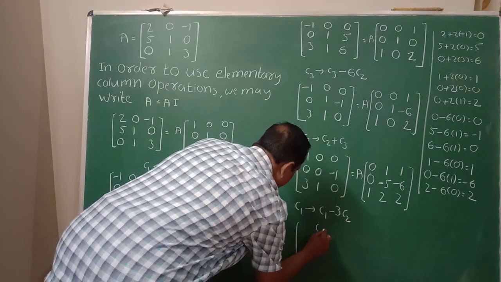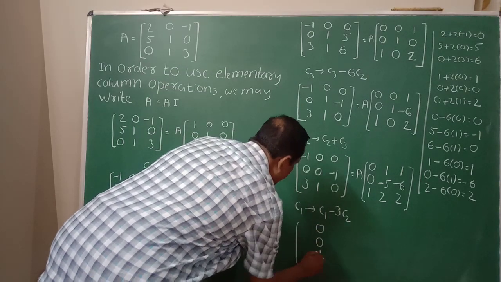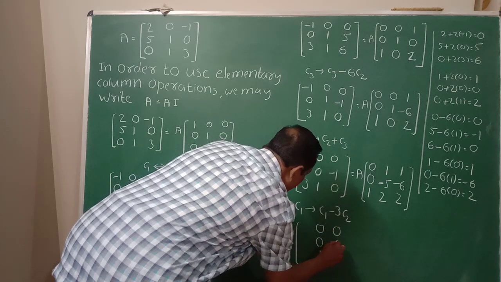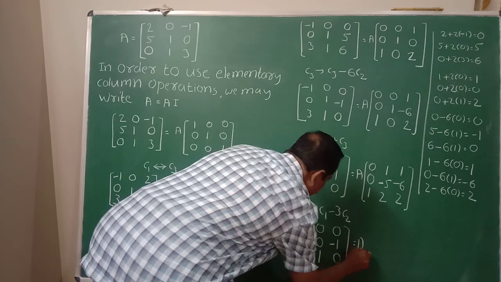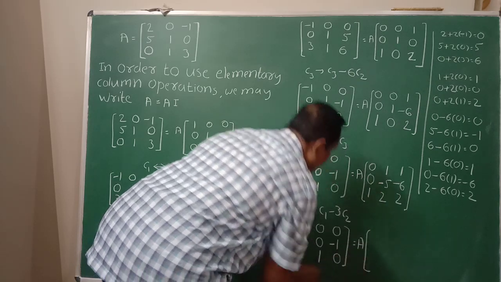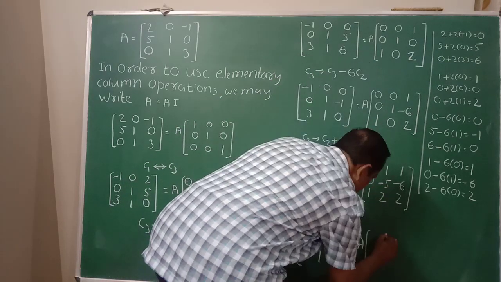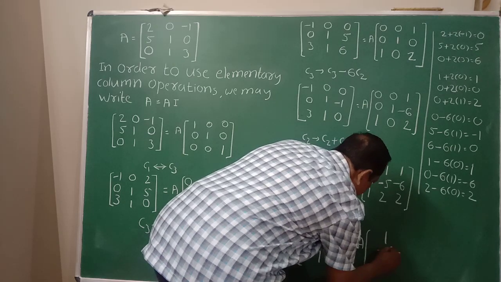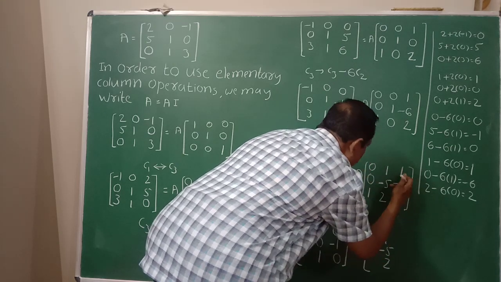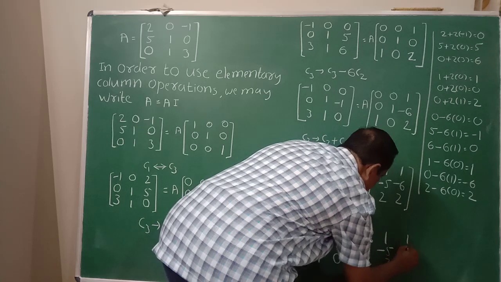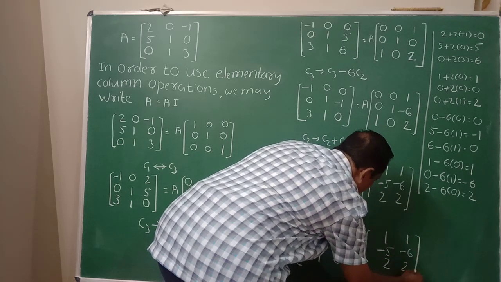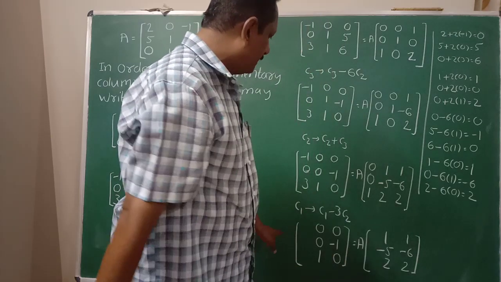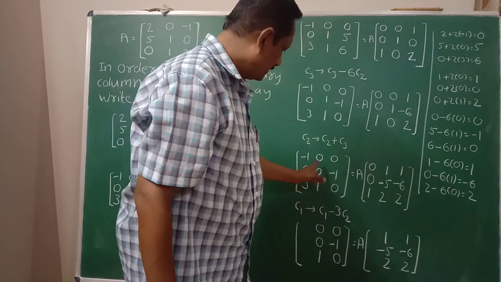So 0, 0, 1, then 0, minus 1, 0, equals A into the matrix 1, minus 5, 2; 1, minus 6, 2.